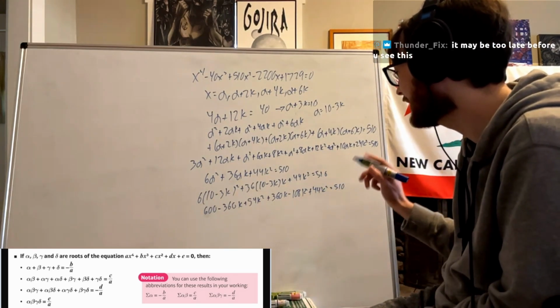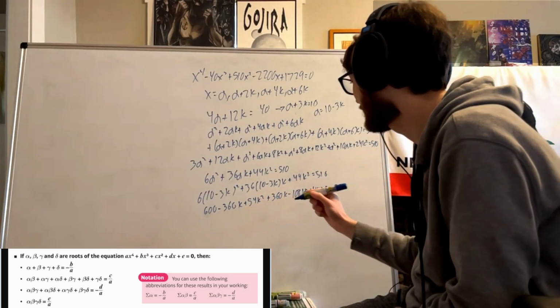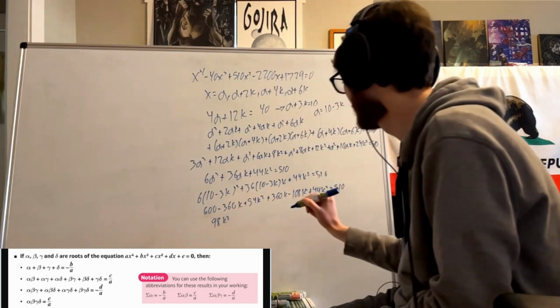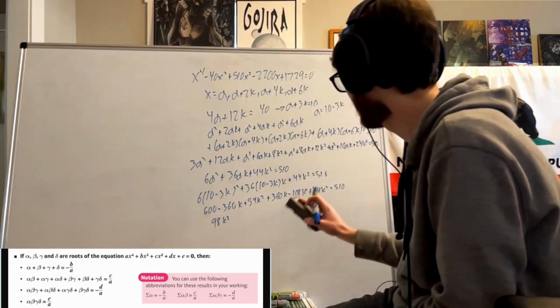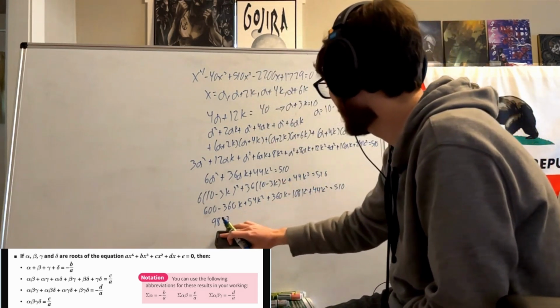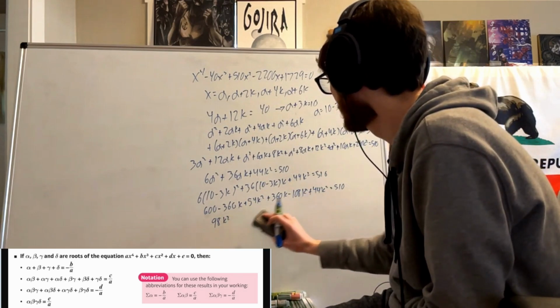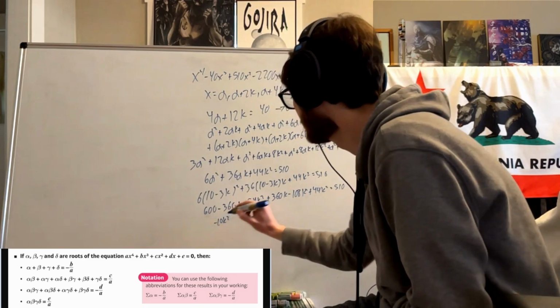Okay, we're nearly there. K squared, 54, that's 98, minus 108. That's minus 10.